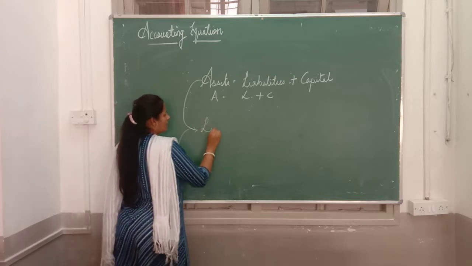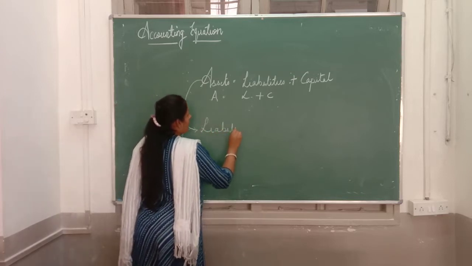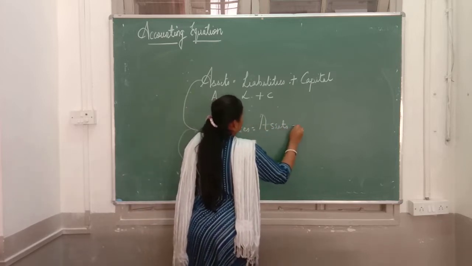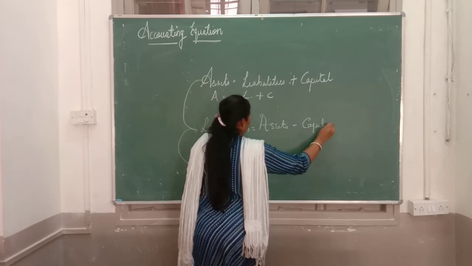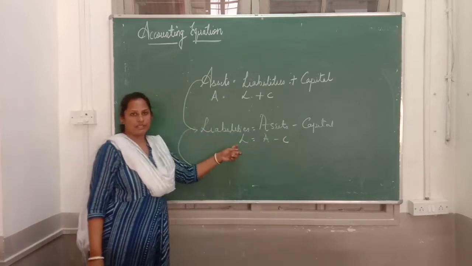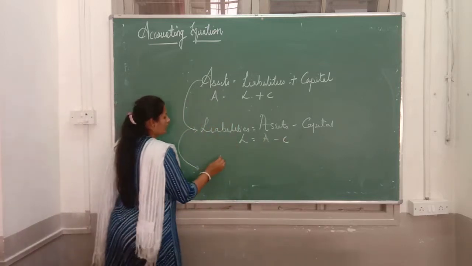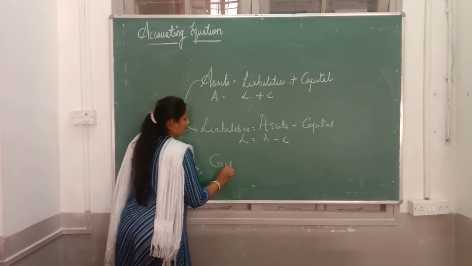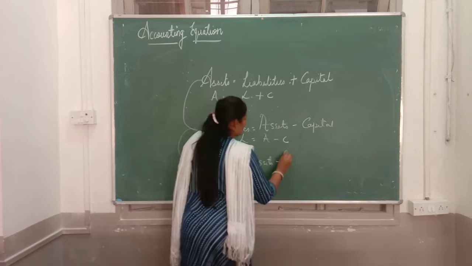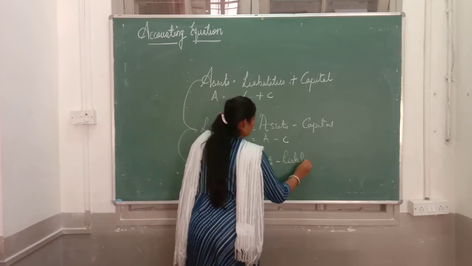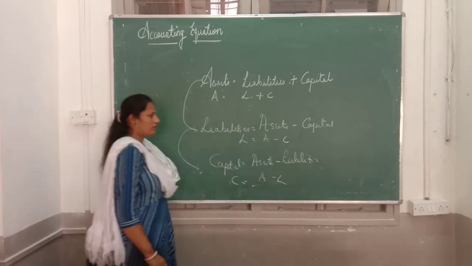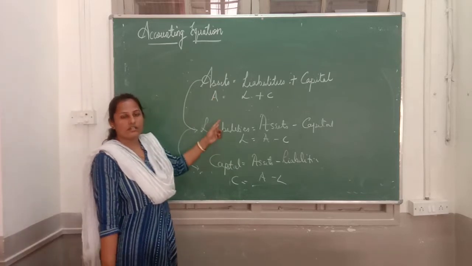If you want to find liabilities, you have to take this formula: liabilities is equal to assets minus capital, that is L = A - C. Then one more: if you want to find capital, capital is equal to assets minus liabilities, that is C = A - L. So based on these three equations, see which one is missing.